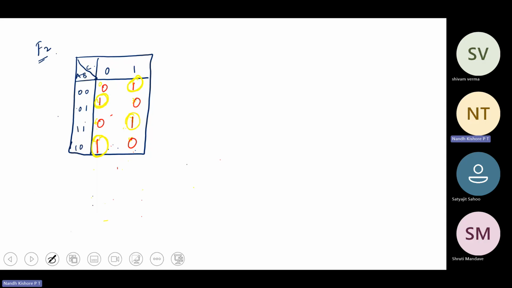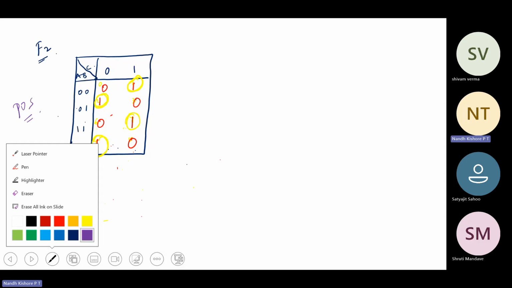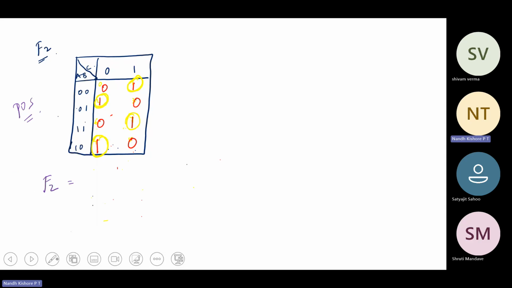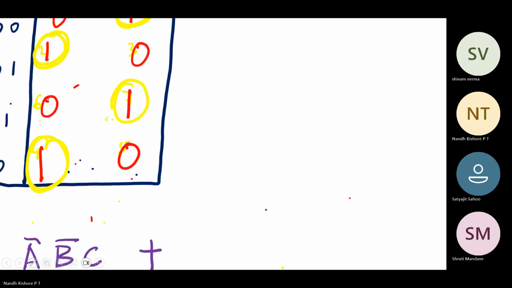There is no other option, which means F2 has to be written in sum of products form first, because we have grouped ones together. One is alone anyway, so A and B are 0: A bar B bar C, plus this is done.